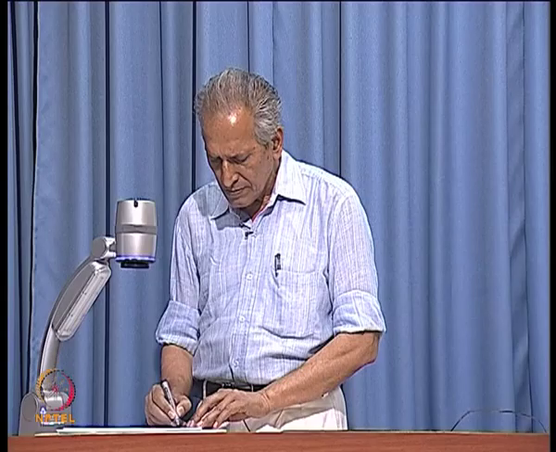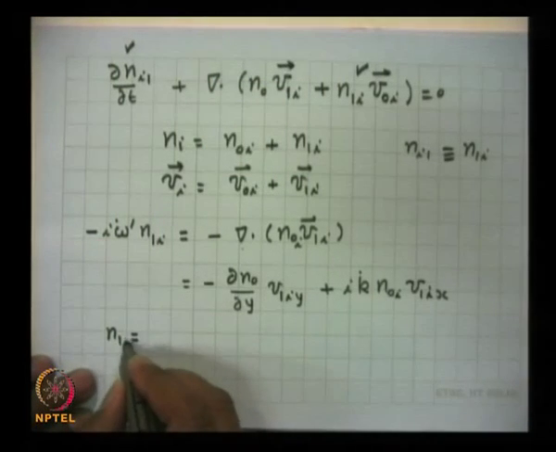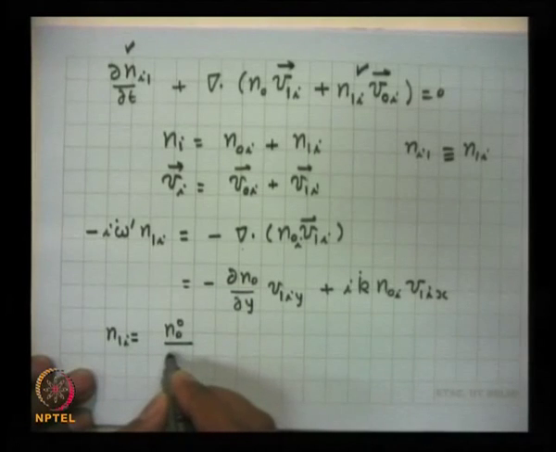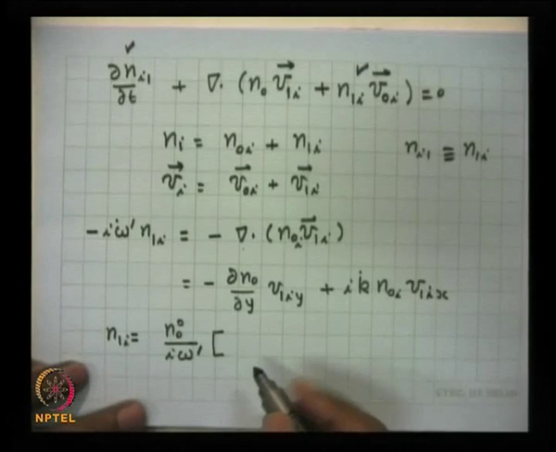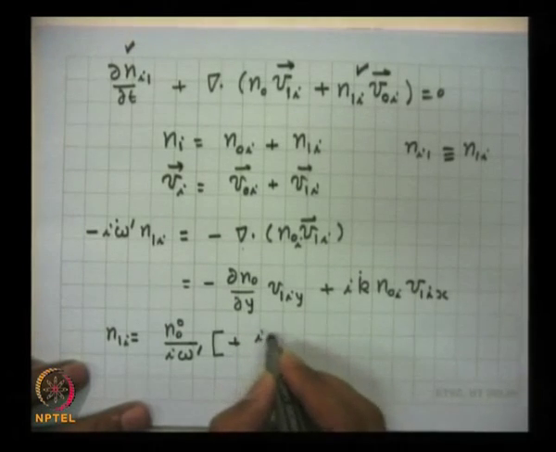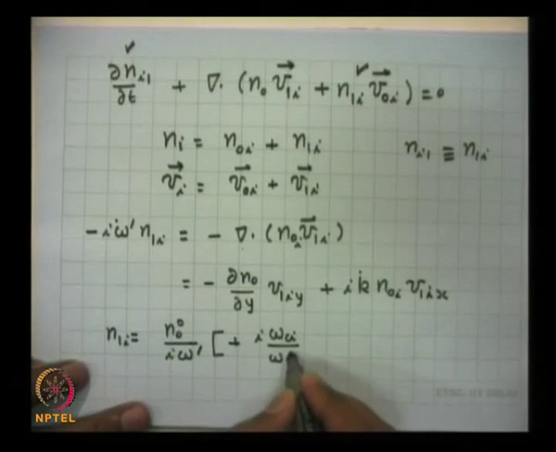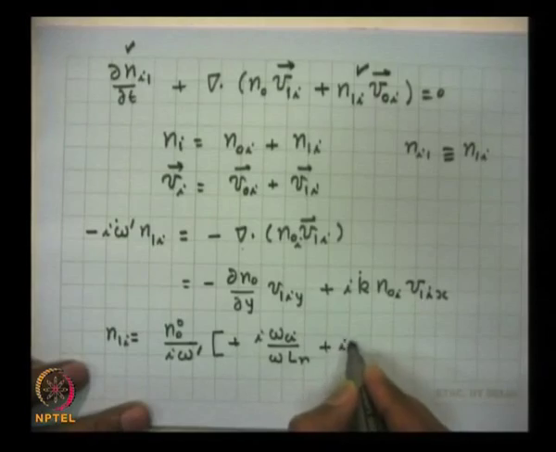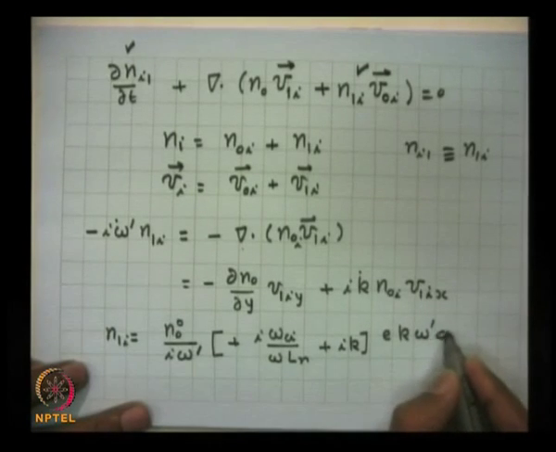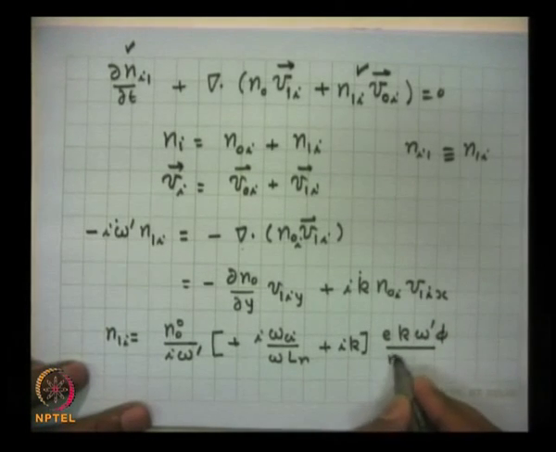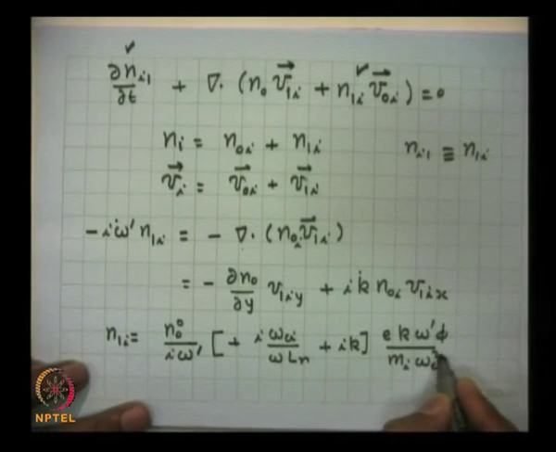It turns out to be N1I is equal to N0 upon i omega, within the bracket, where omega is omega prime, plus i omega Ci upon omega prime, plus ik, then ek omega dash phi upon mi omega Ci square, and the sign is opposite.